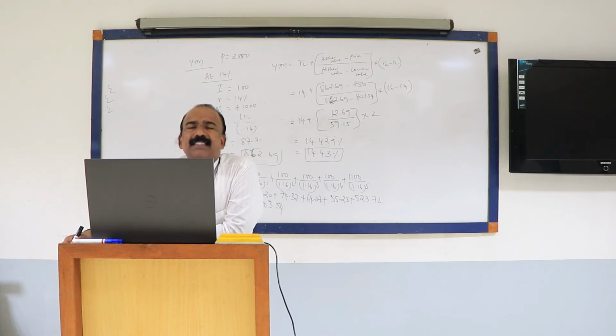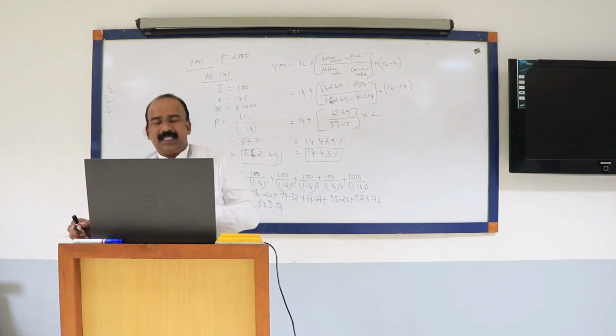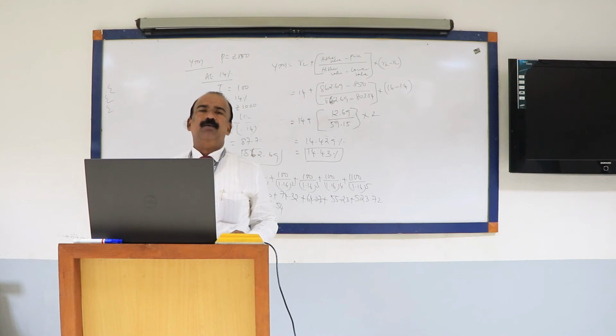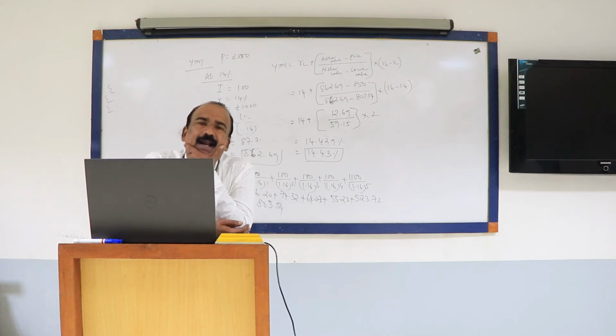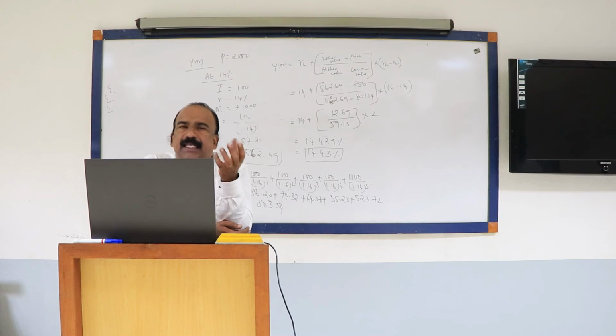Then the fifth one is realized YTM, realized yield to maturity. So what is that difference? YTM assumes that the cash flow you receive, the interest we receive from the company, is reinvested at the same rate as the yield to maturity.